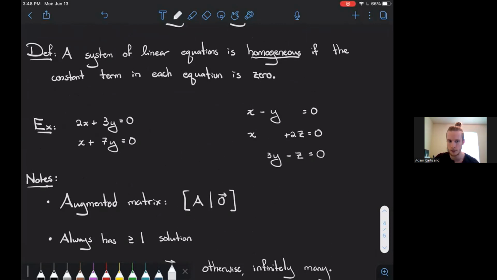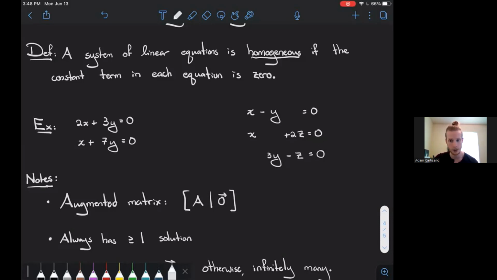If you plug in zeros for all of the x, y, z, w, all the variables, I promise you'll get a solution to this system of equations, right? Because what happens when you add 0 to itself a bunch of times? You get 0. But that's the constant in every single equation, 0. So the 0 vector is always a solution to every equation in a homogeneous linear system.